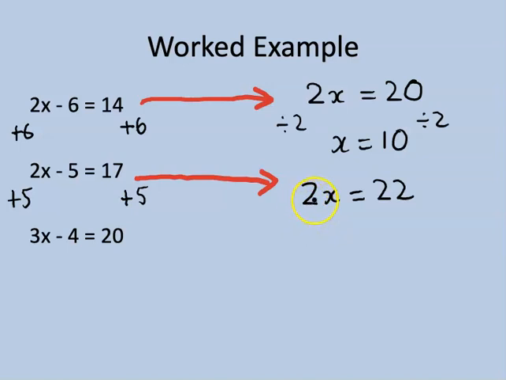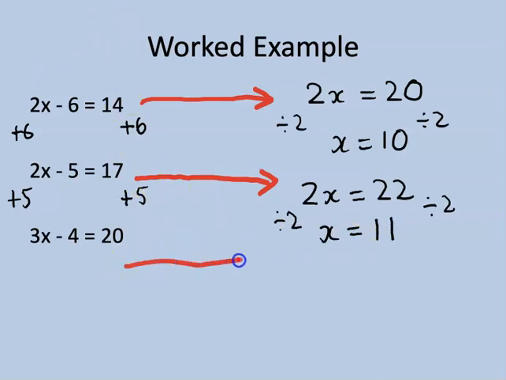So 2 times the number is 22. And in order to find out what x is, we now need to do the same again. Divide by this 2. 2x divided by 2 gives me x. 22 divided by 2 gives me 11.